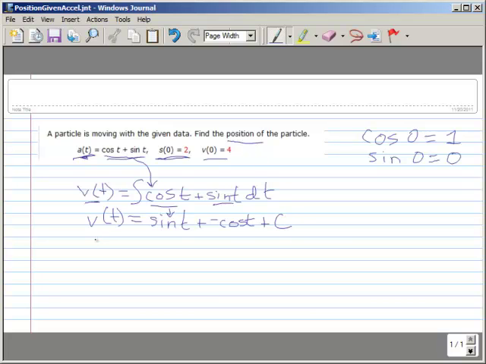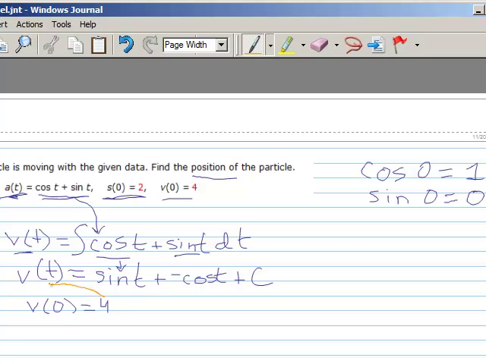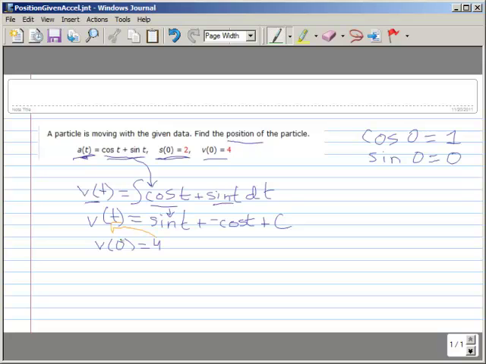Now we're also given an initial condition. We could save it for later, but now's just as good a time as any. We've got v of 0 is equal to 4. We can solve for our constant by plugging in 4 for v of t, and plugging in 0 for every occurrence of t.